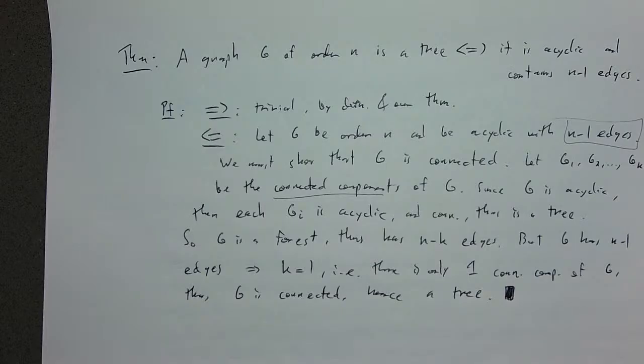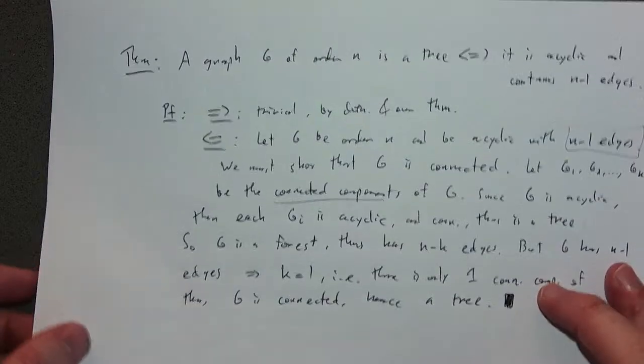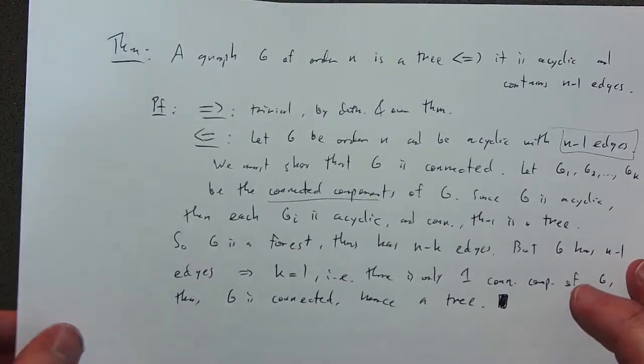So what else do I want to say about how these trees can look? The question is, okay, we have leaves in a tree, and then we have some other vertices that are not leaves.